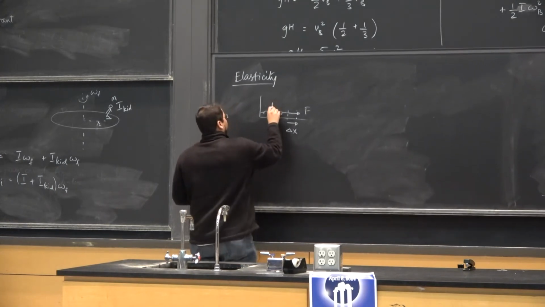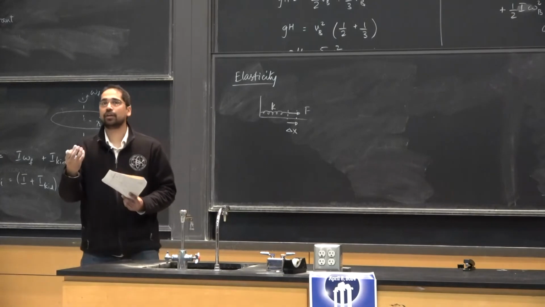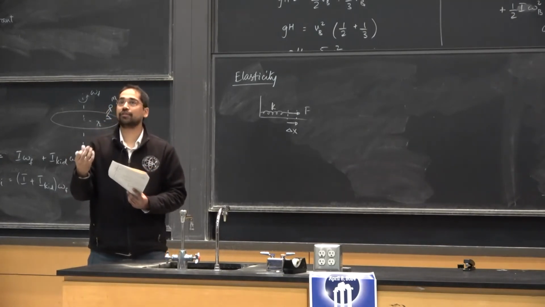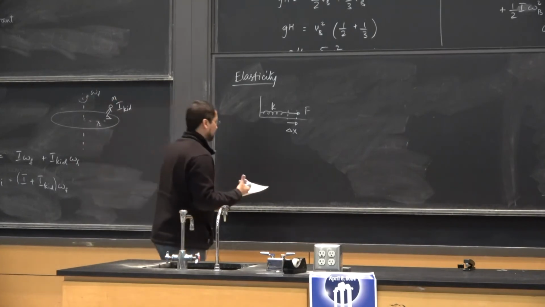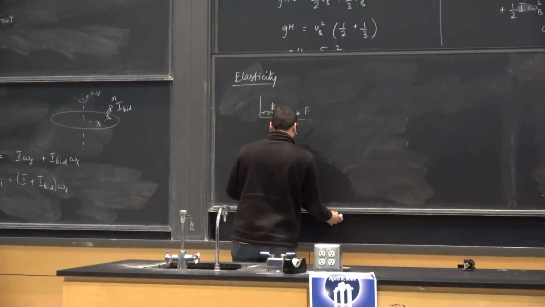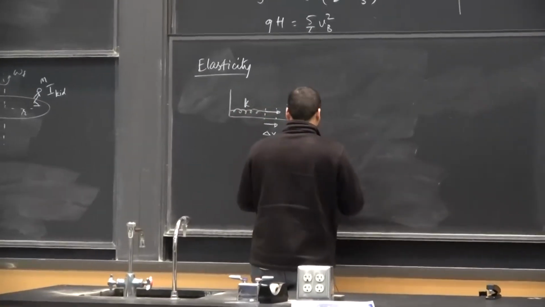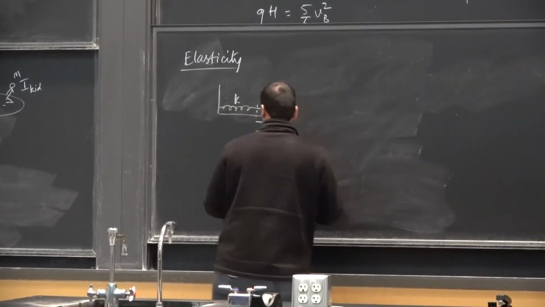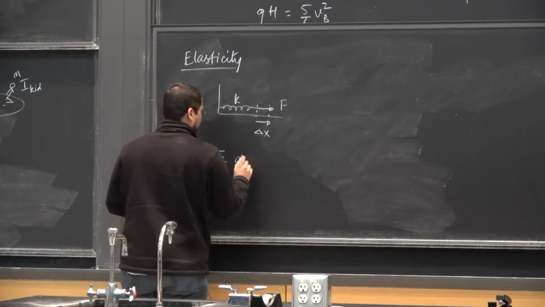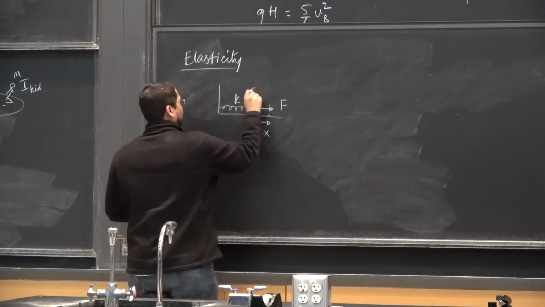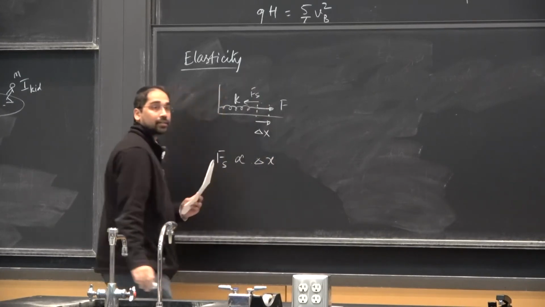And how tight or how stiff or how soft a spring is determined by the spring constant K. And the spring force then is proportional to delta x.